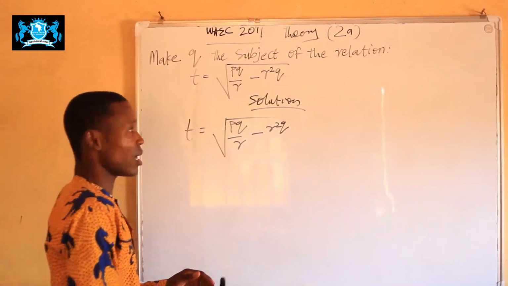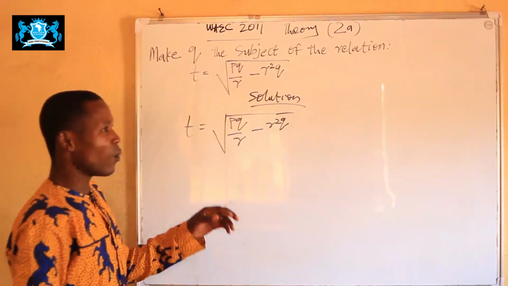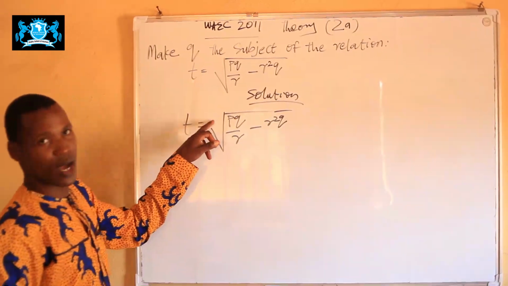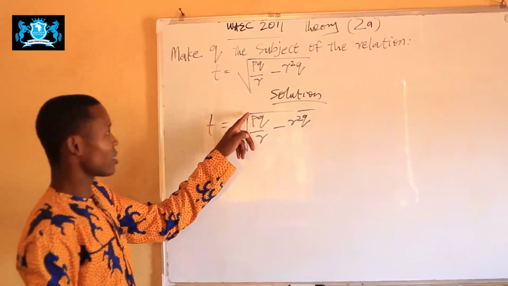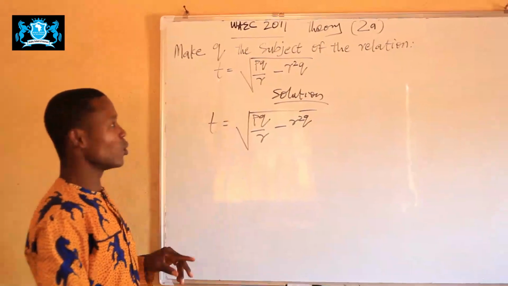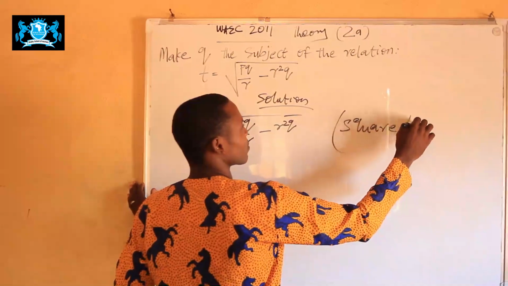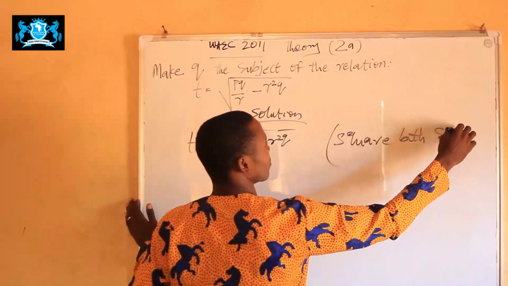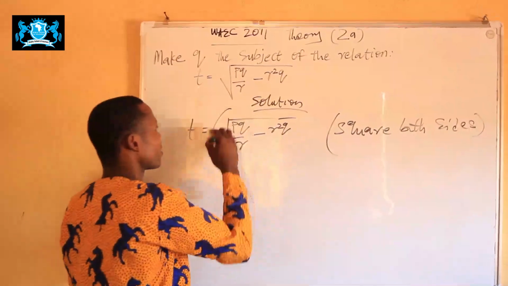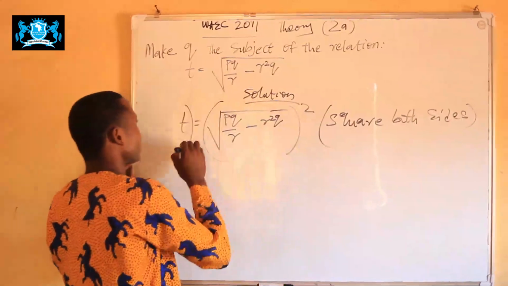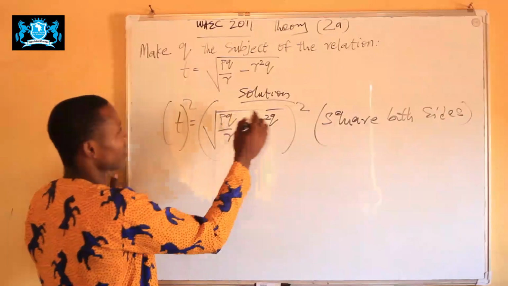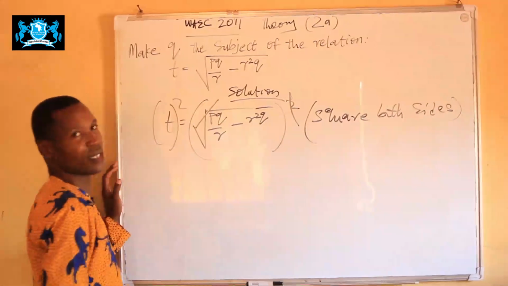The first thing we have to do is, what do we do to remove this square root? What we will do is to square both sides. If we square both sides, you will see that this square will cancel this.